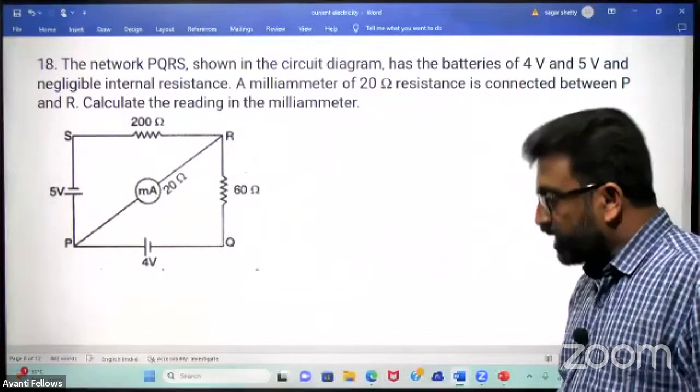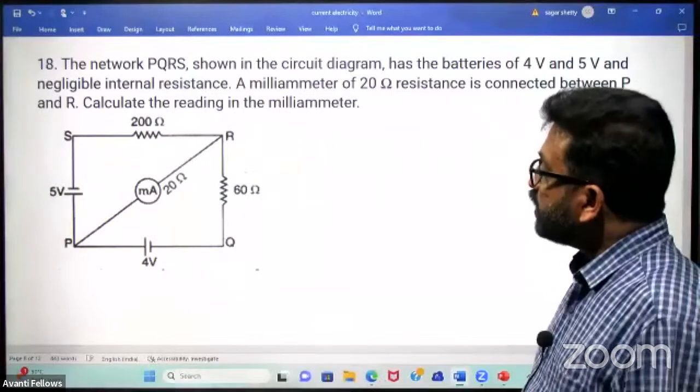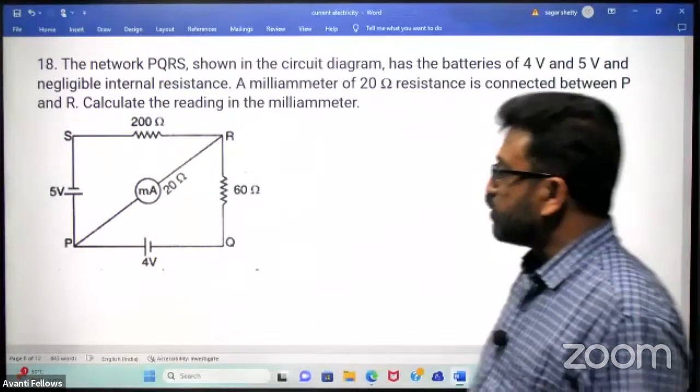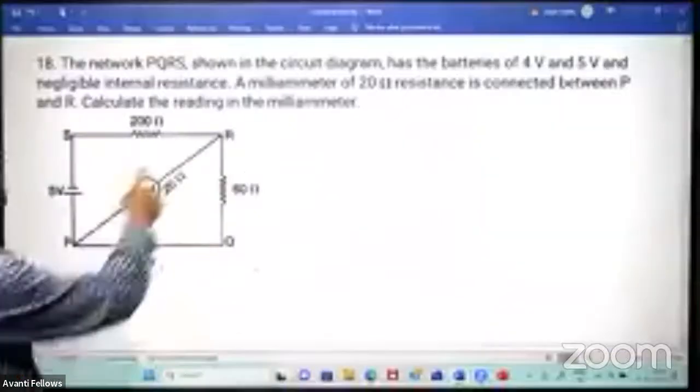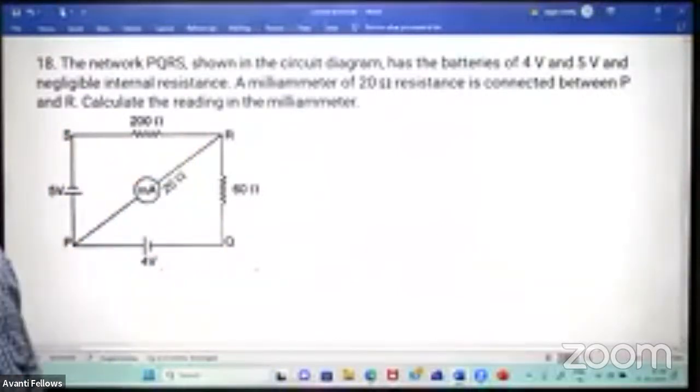Here again, we have to go for the loop rule. So three loops we can take: PQRP, PRSP, PQRS.